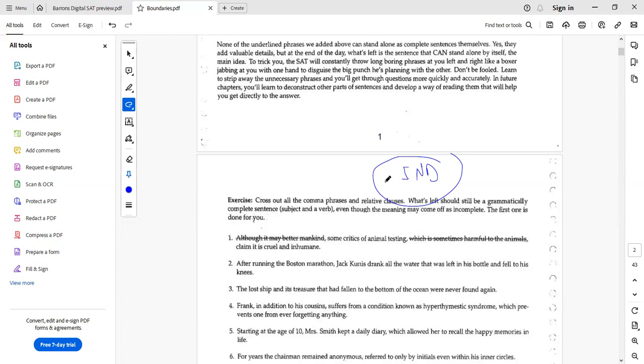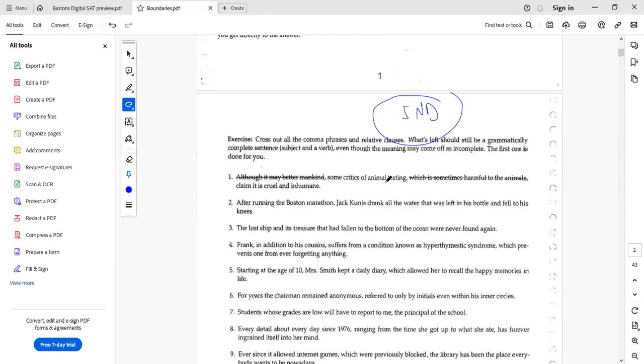Let's start with Abdul Munam. Number 2: cancel the dependent and the modifier. What are you going to cancel? The modifier, after running. Yes, perfect. So I'm going to cancel "after running the Boston Marathon."